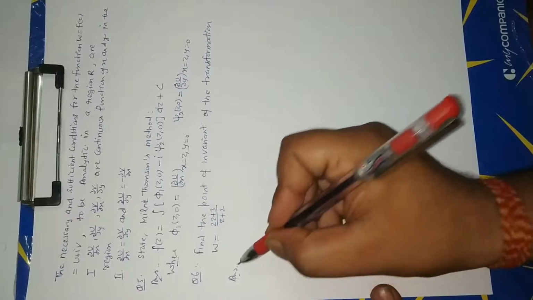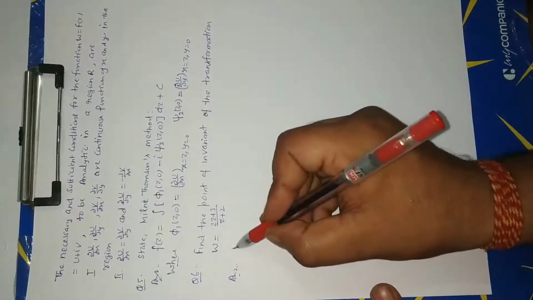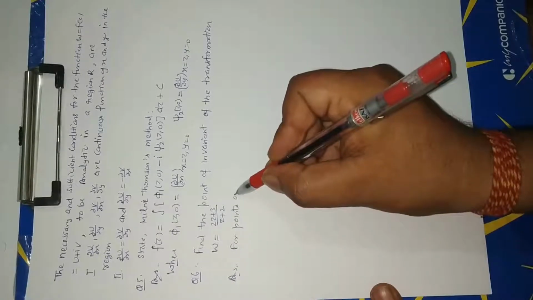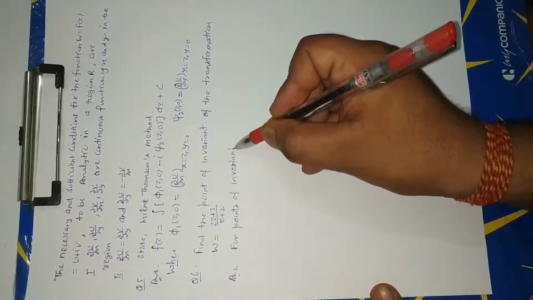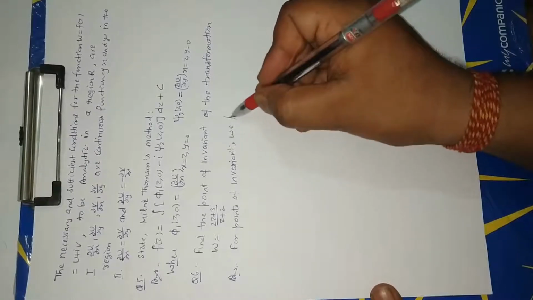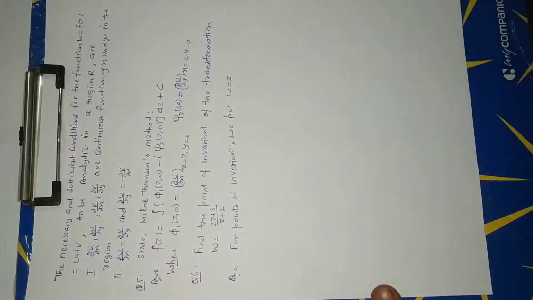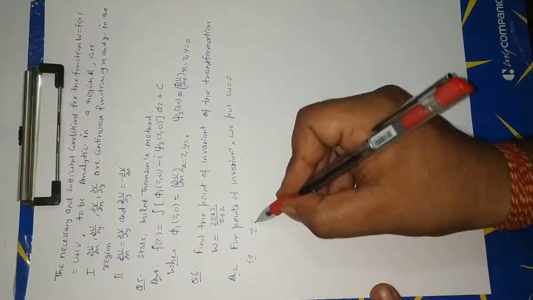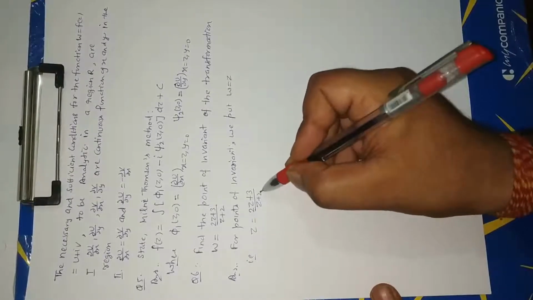Now answer. For points of invariant, we put w = z in the given transformation, that is z = (z + 3)/(z + 2).